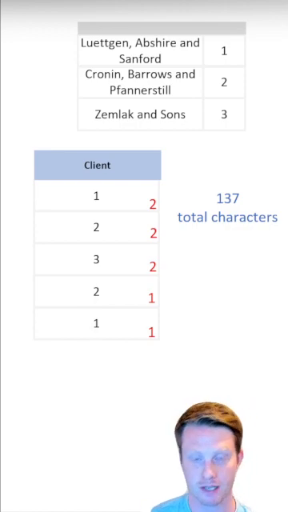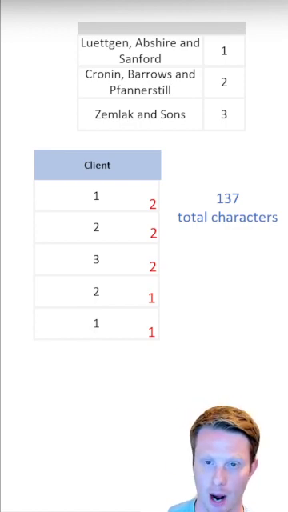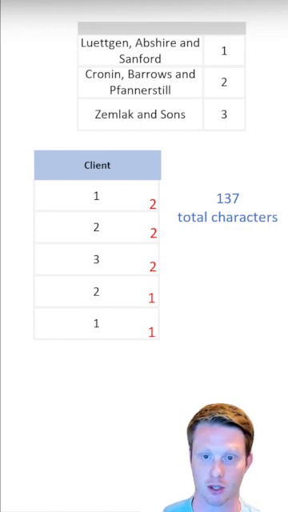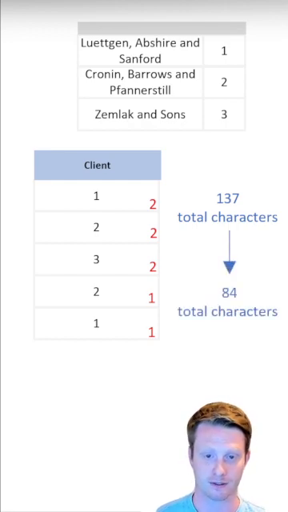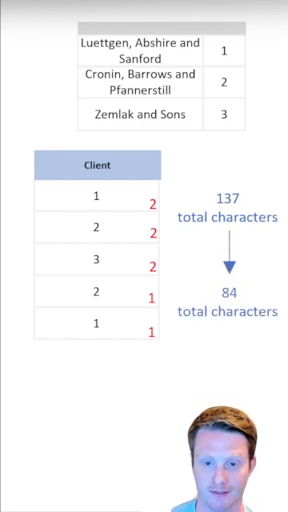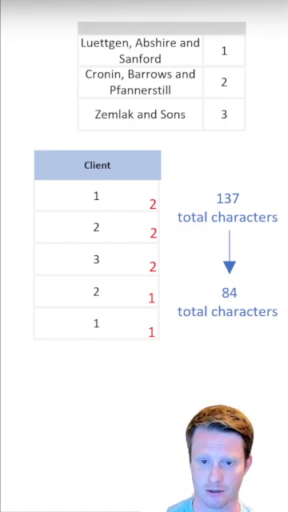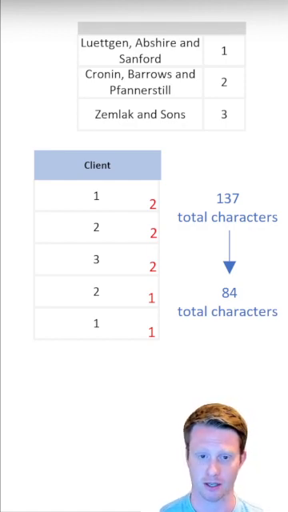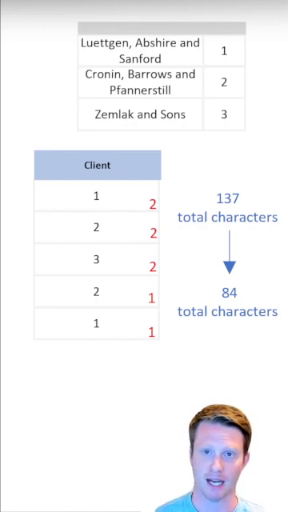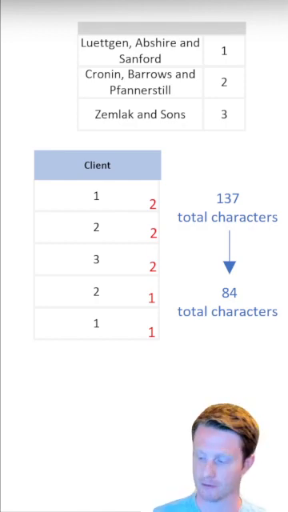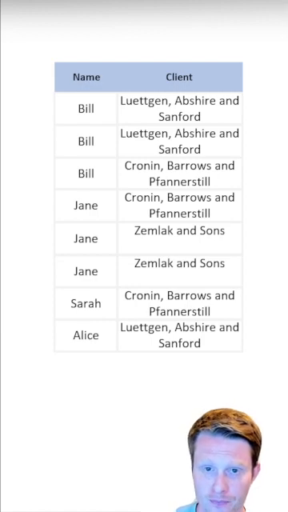And now, this still says the same information because I can look up the 1 and see what it actually references in my top table. But in doing this, I've actually reduced it from 137 to 84. It's quite a big reduction in number of characters. And if you can imagine, this is only 5 rows, but when you have millions and millions, this is a huge amount of storage.